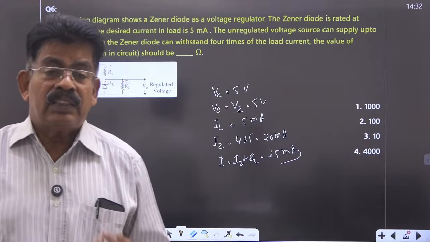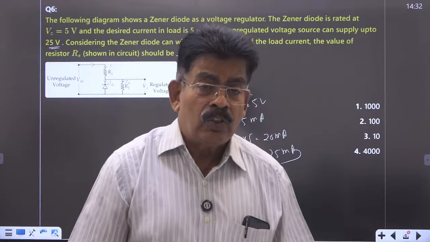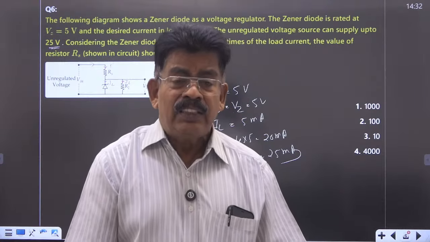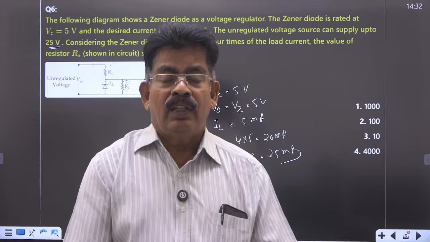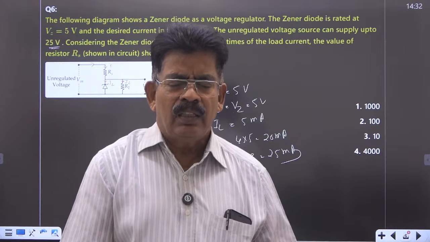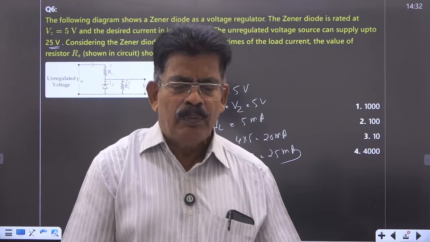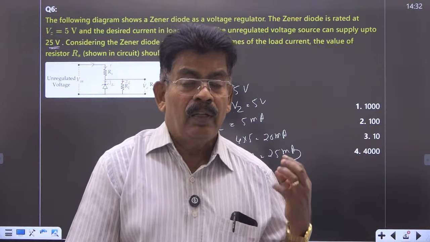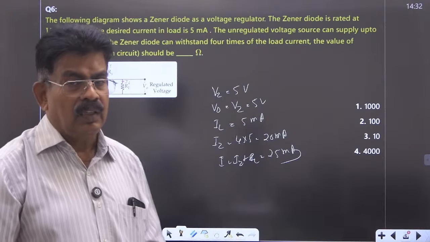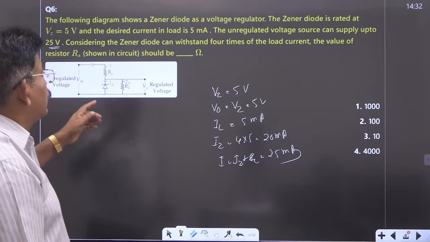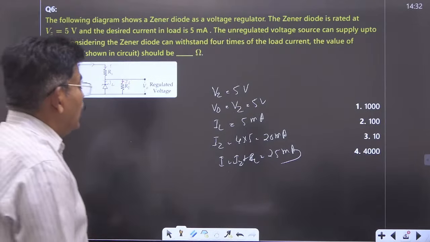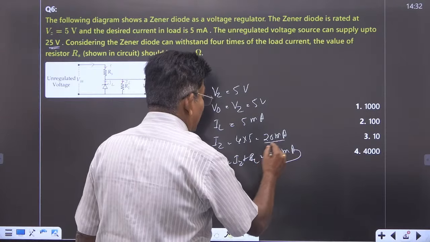The series resistor is doing the duty of a shock absorber. Variations are being suffered by the series resistor.